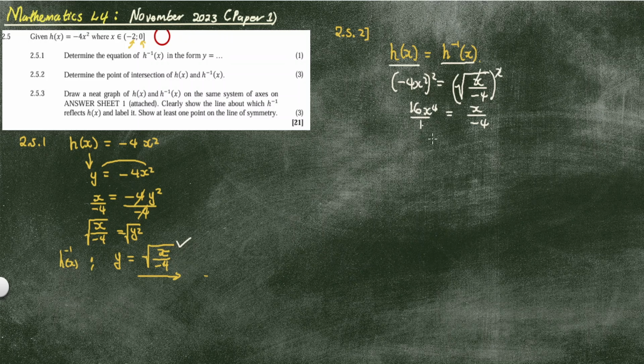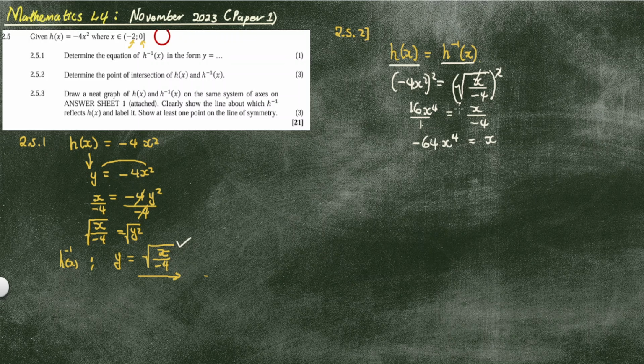After doing this cross multiplication, what are we getting? 16 times 4 is 64, so minus 64x to the exponent 4 is equal to x. From this point, how do I solve for x?